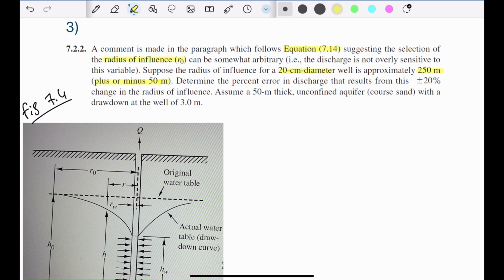So we need to determine the percent error in discharge that results from this 20% change. We will assume a 50 meter thick unconfined aquifer, which has a constant drawdown at the well of 3 meters.